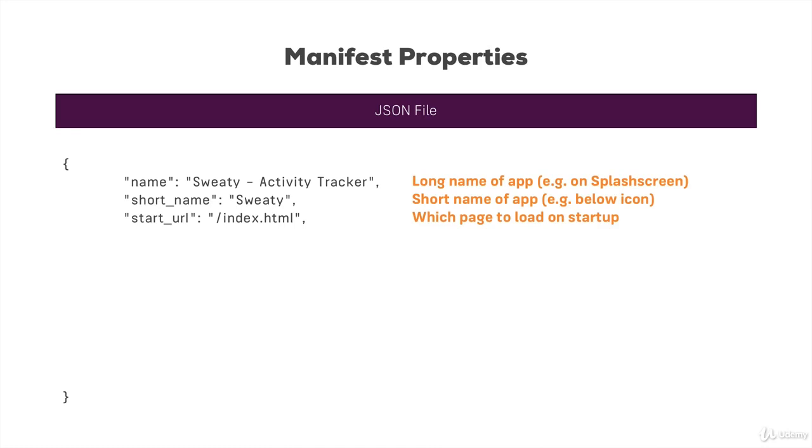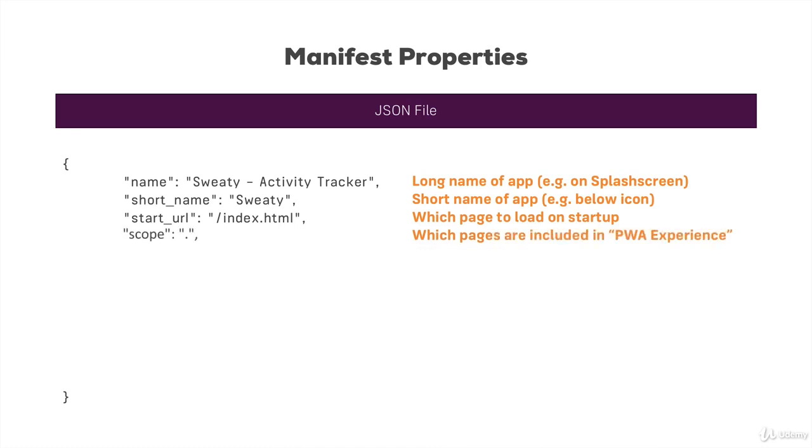It just means once we added the application to our home screen, what do we actually load if the user taps the home screen icon? And you specify a path to a given page here. In this case, /index.html would load the root index.html file in the public folder in our course project.